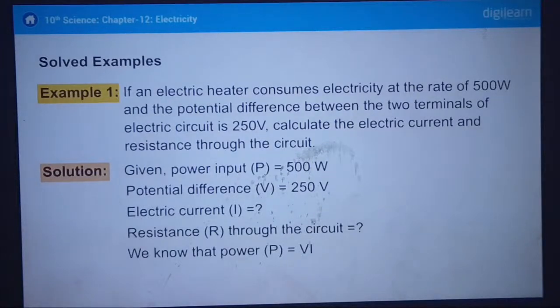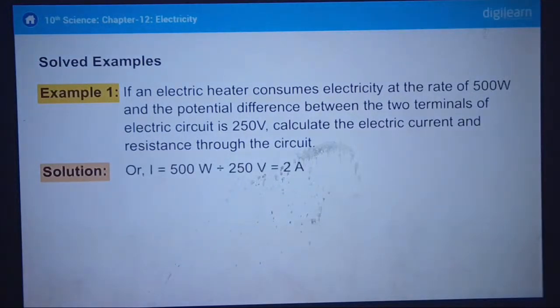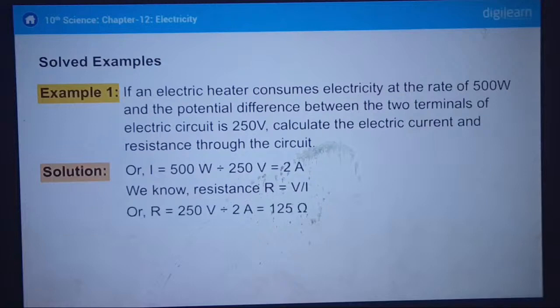We know that power P equals VI, or 500 watts equals 250 volts into I, or I equals 500 watts divided by 250 volts equals 2 amps. We know resistance R equals V by I, or R equals 250 volts divided by 2 amps equals 125 ohms.